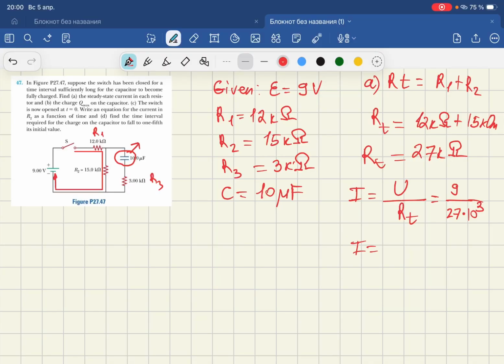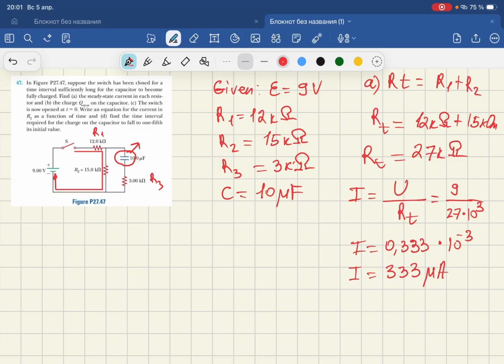Let's calculate using the calculator. 9 divided by 27 gives us 0.333 times 10 to the power of minus 3. So we can take the current as 333 microampere. So in part A, we found that the current is equal to 333 microampere.